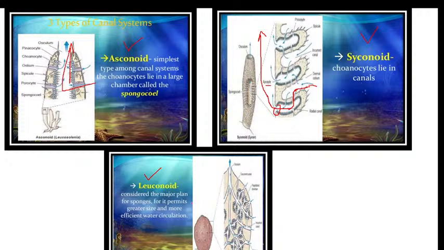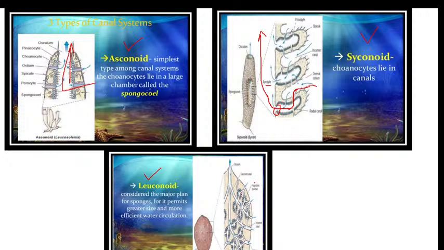The leuconoid type is the most complex one. Here the spongocoel is very much reduced, and the water moves into a chamber of flagellated cells. Here you can see a branched network through which the water is moving in.